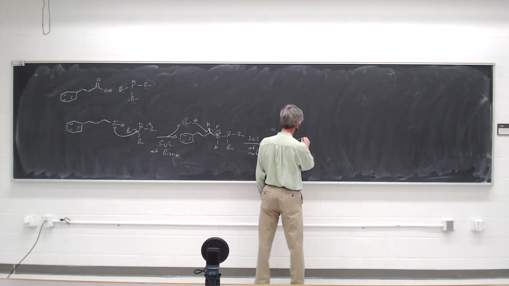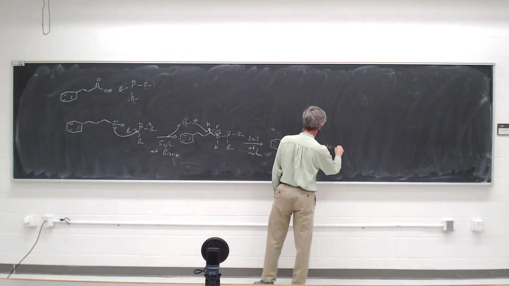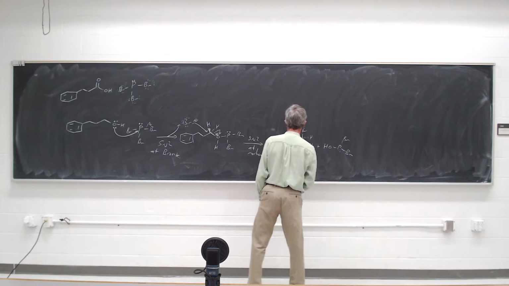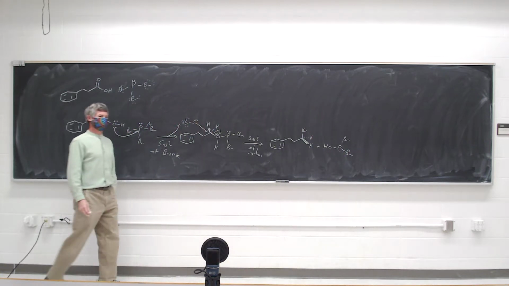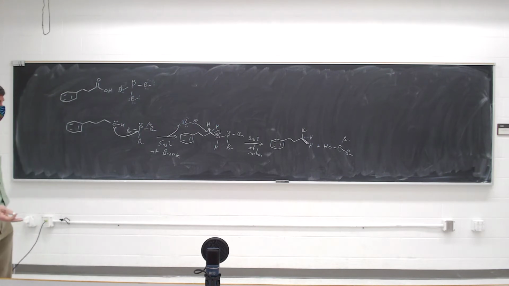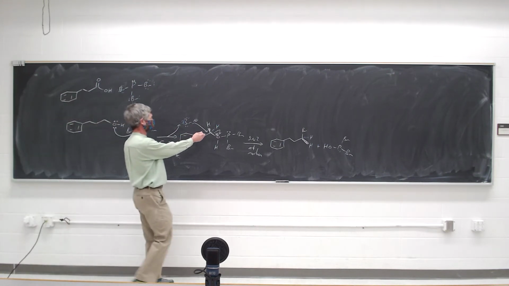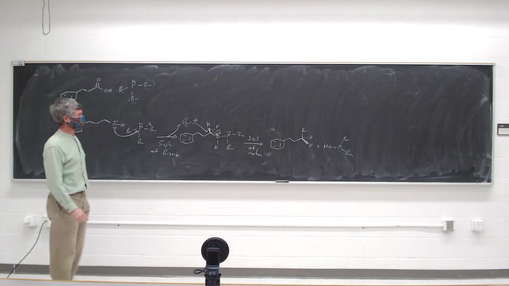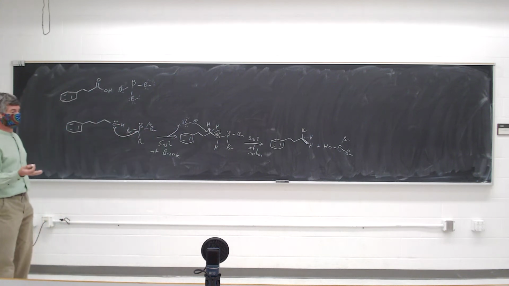And this inverts the stereochemistry, not that that matters, but it does. So two successive SN2 reactions: an SN2 reaction at phosphorus, and an SN2 reaction at carbon to kick out the good leaving group, the dibromide of phosphorous acid.